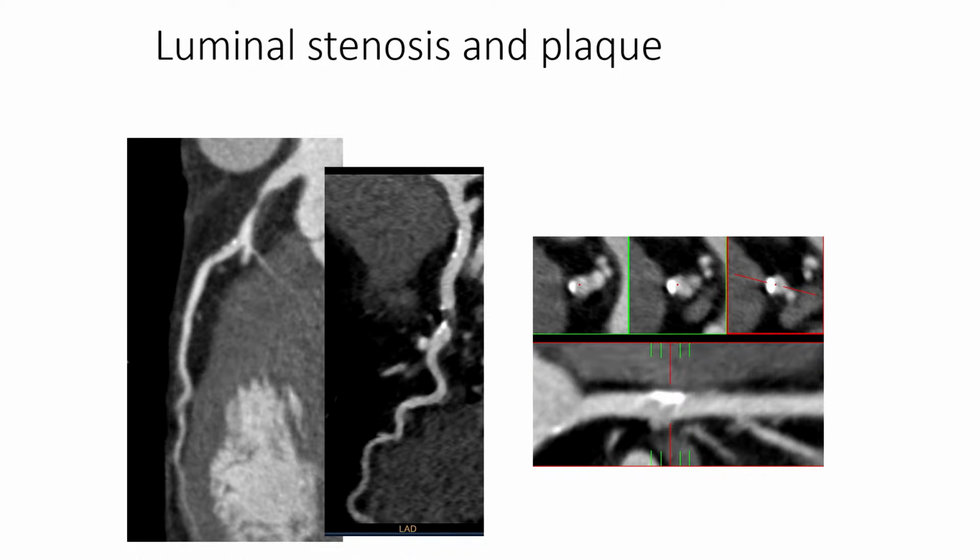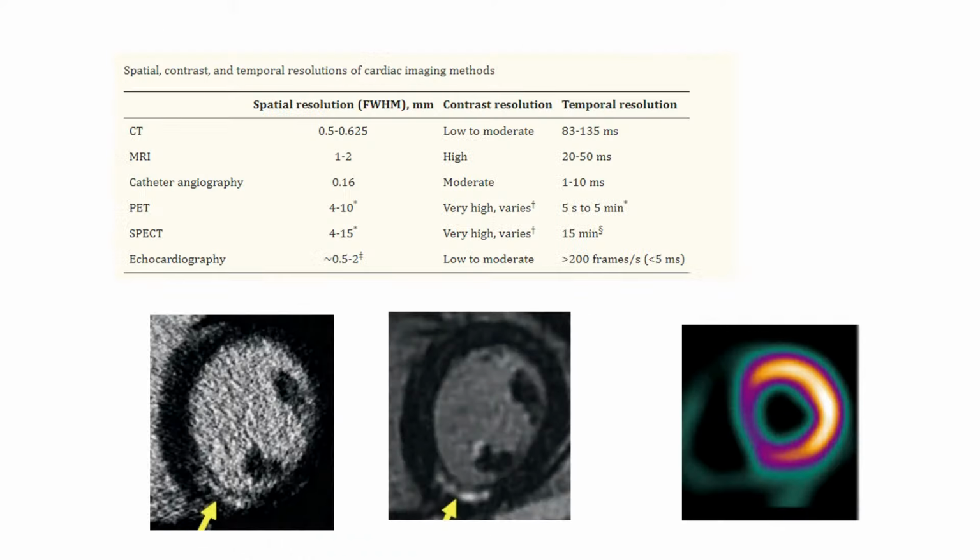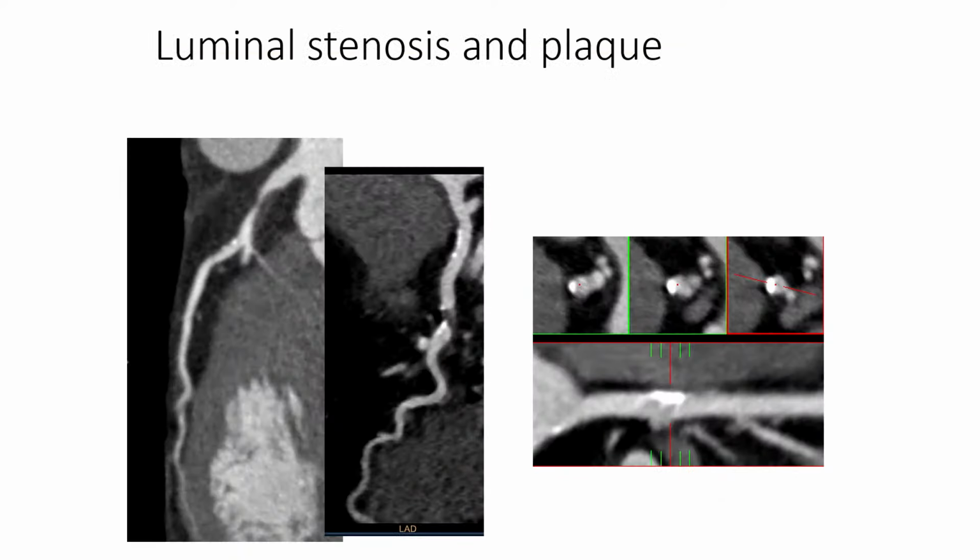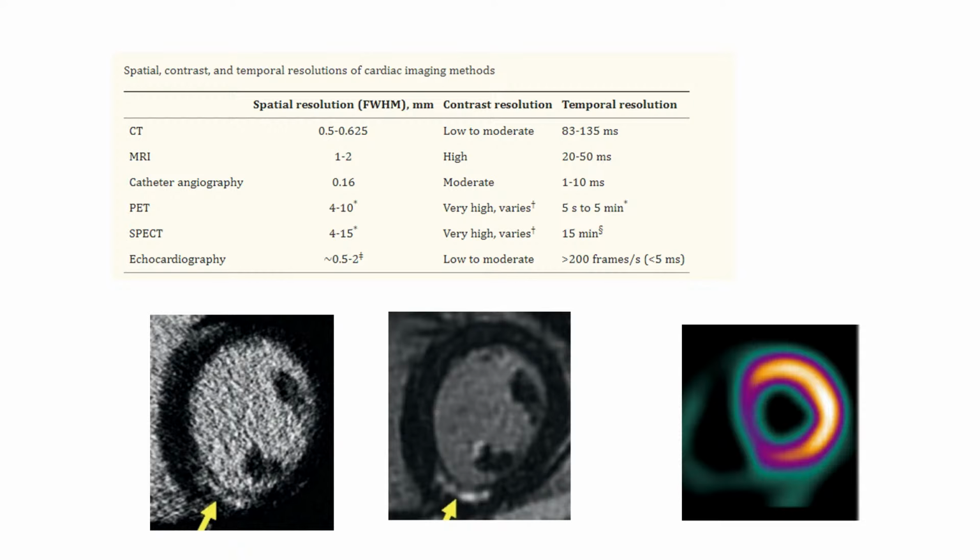And that allows us to do the plaque analysis. That's why we use contrast. We don't often ask why we use contrast, but now you realize that by giving contrast, we're able to differentiate the components.